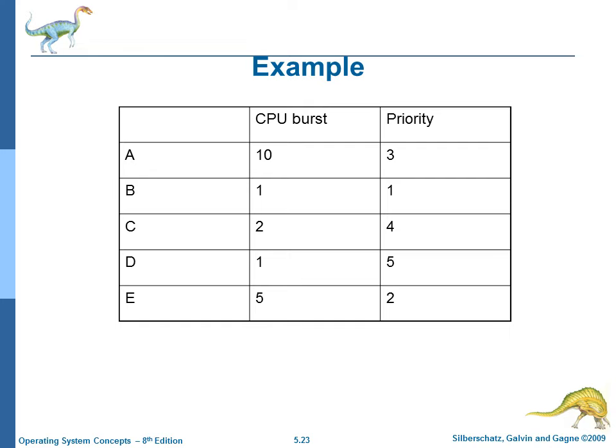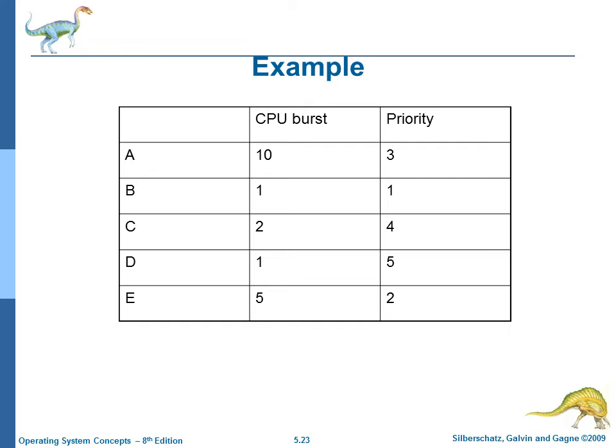Then we have process A, which has the next highest priority. It will work from 6 till 16 for 10 milliseconds. After A, process C will work from 16 till 18, and at the end process D will work for 1 millisecond.